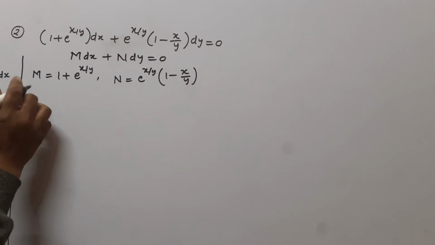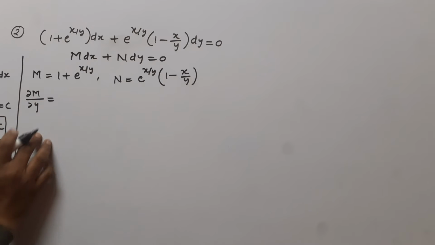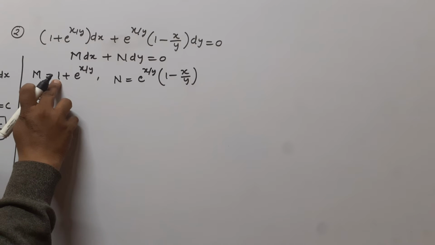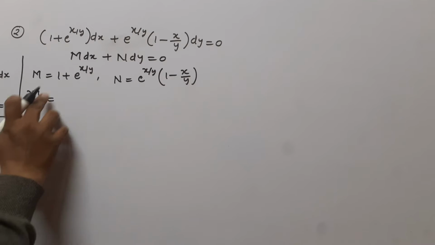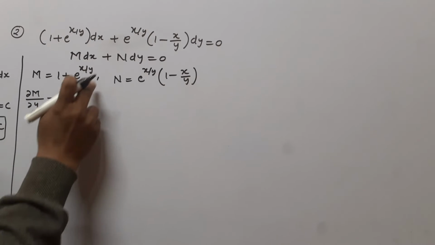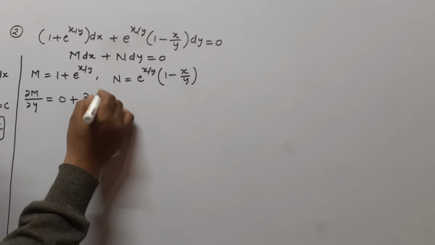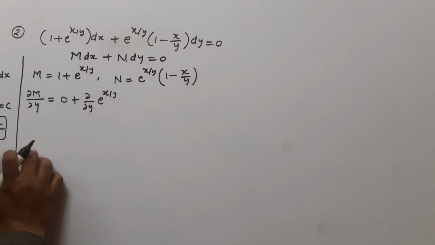Now first we differentiate M partially with respect to y. Here 1 is constant with respect to y, so the differentiation of 1 is 0. Then we differentiate e to the power x by y with respect to y partially.